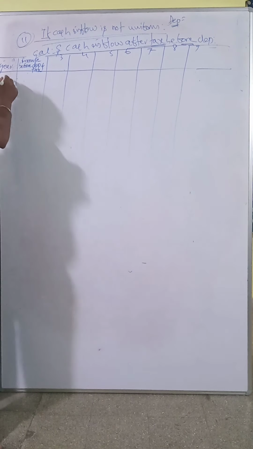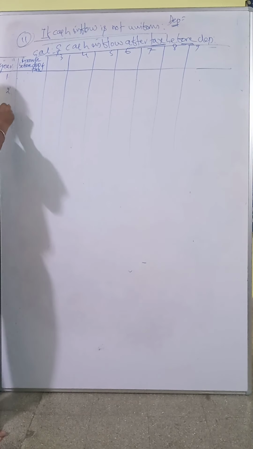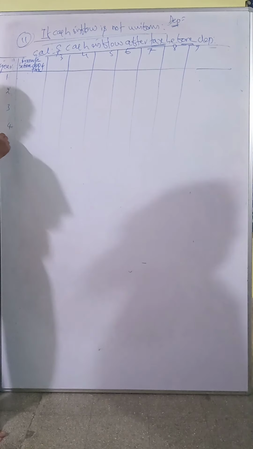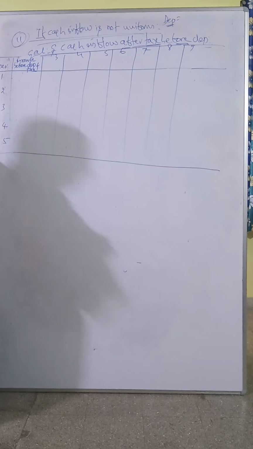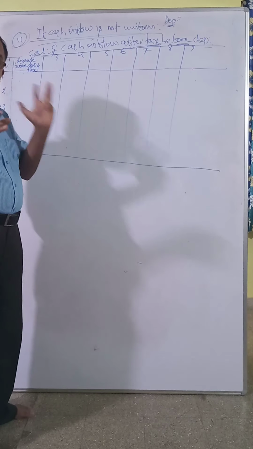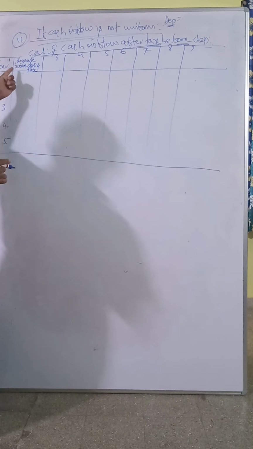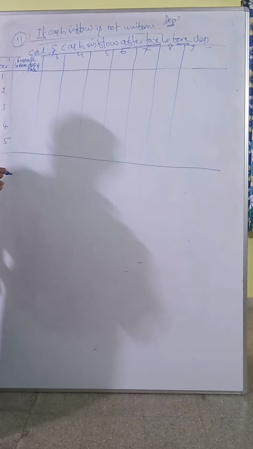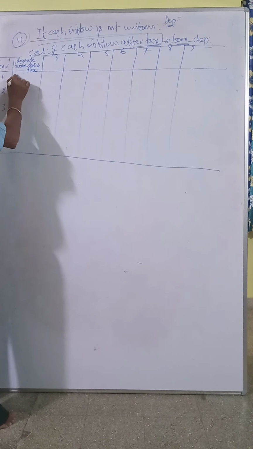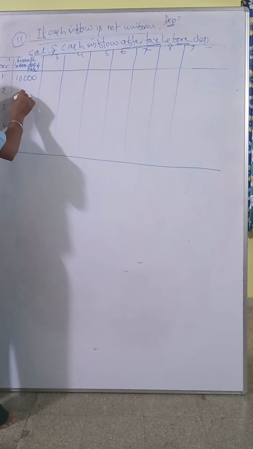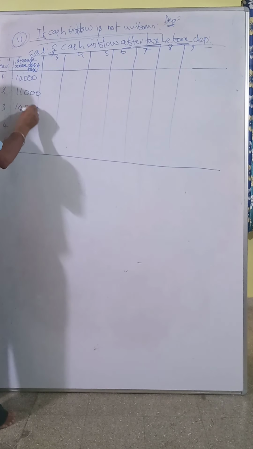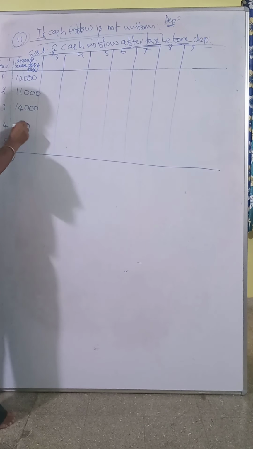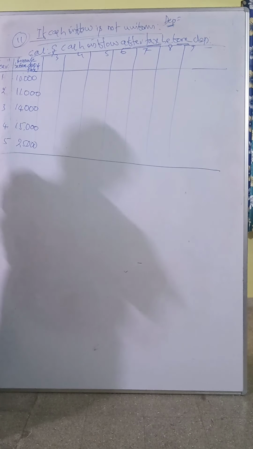First you write these 2 columns, 1, 2, 3, 4, 5. Income, profit, they will give different names. Income, profit, cash inflow before depreciation and tax, which is given in the question. First is 10,000, 11,000, 14,000, 15,000, 25,000. This is given in the question.